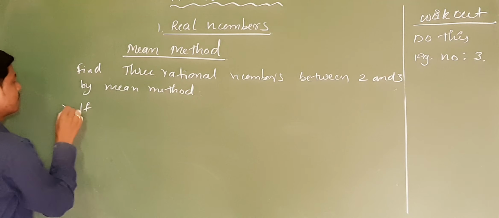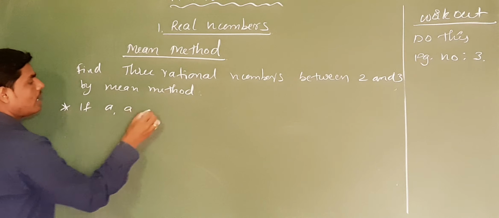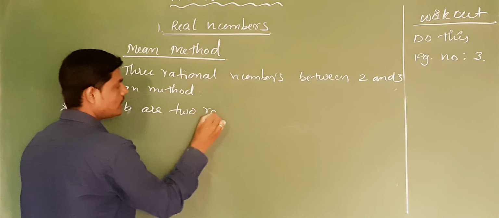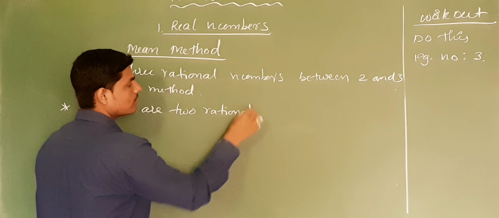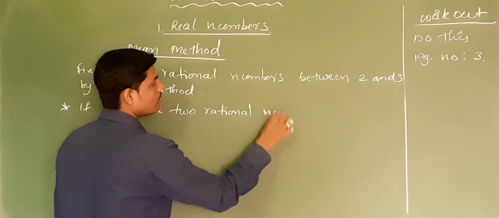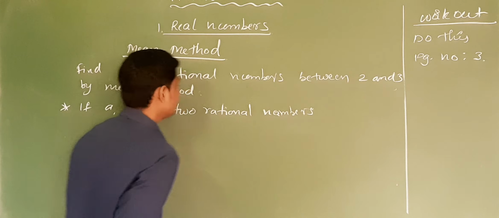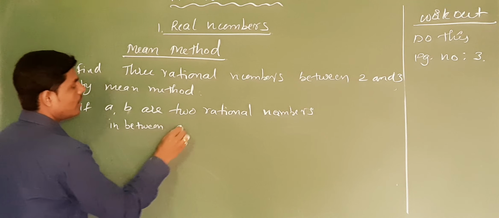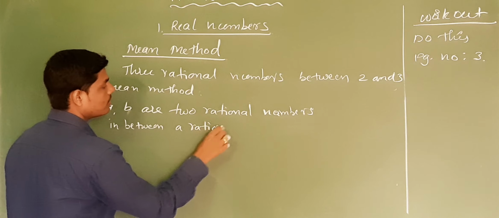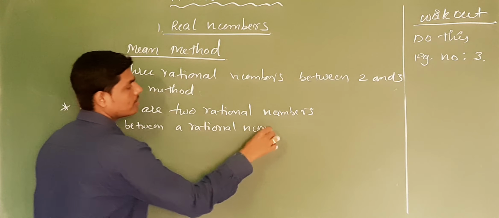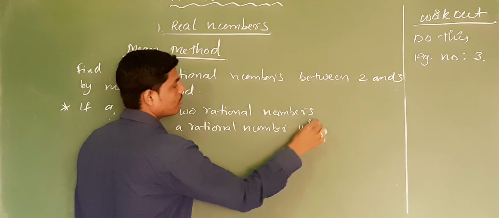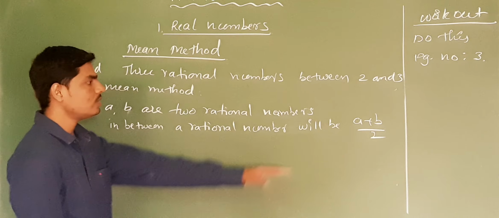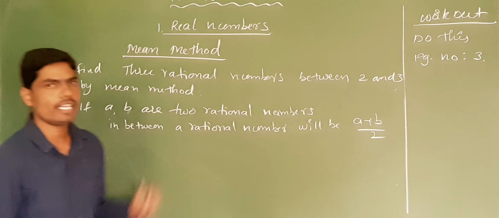If A, B are two rational numbers, in between them a rational number will be (A plus B) by 2. By using this formula, you can find it very easily.